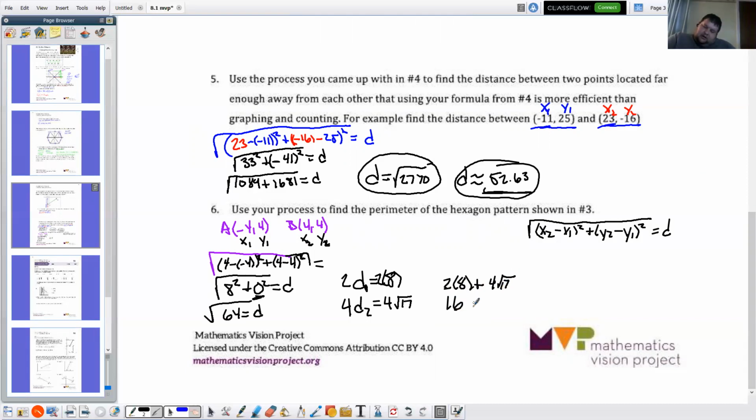I get 16 plus 4 times the square root of 17, which is 16.49, or 32.49 is approximately our circumference.